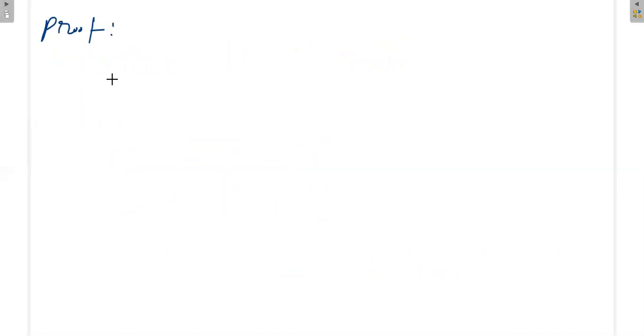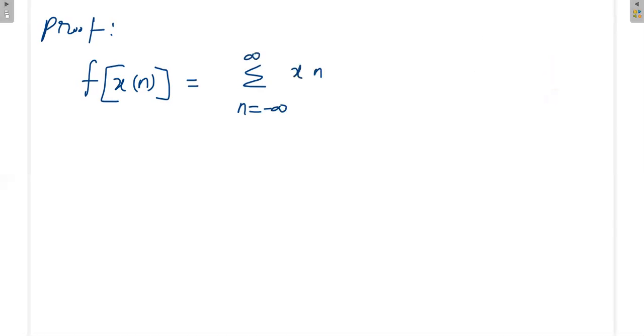Small f of x of n means discrete time Fourier transform, whereas capital F will be used for continuous time Fourier transform, and simply the notation small f will be used for discrete time Fourier transform. The discrete time Fourier transform of the discrete signal x of n is equal to summation n from minus infinity to plus infinity of x of n e power minus j omega n.